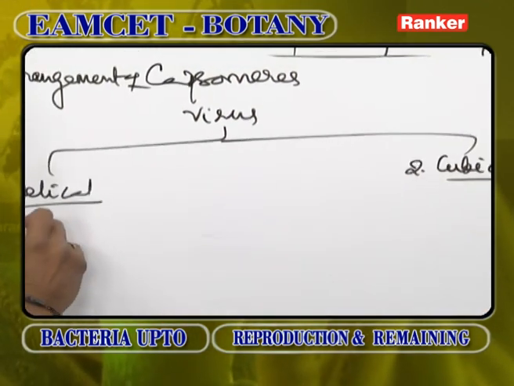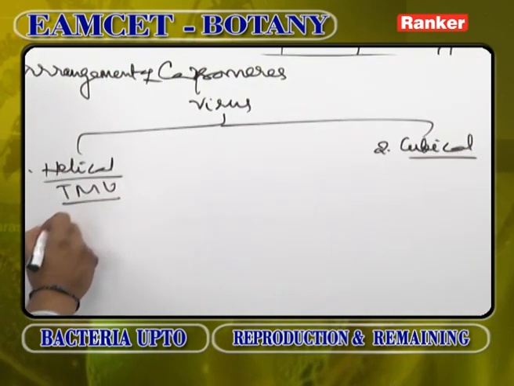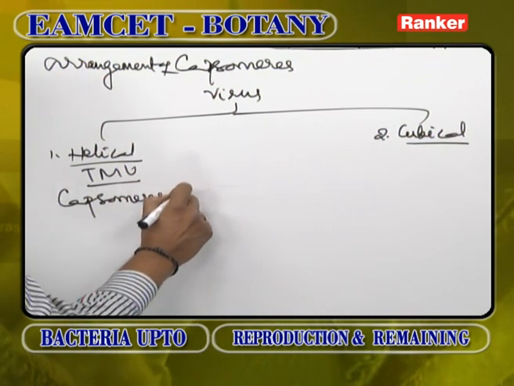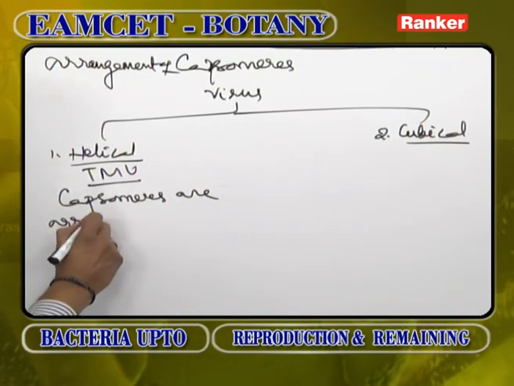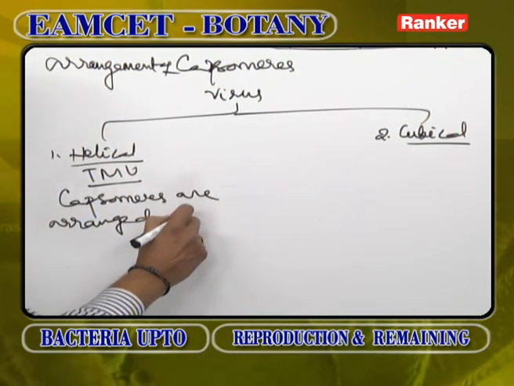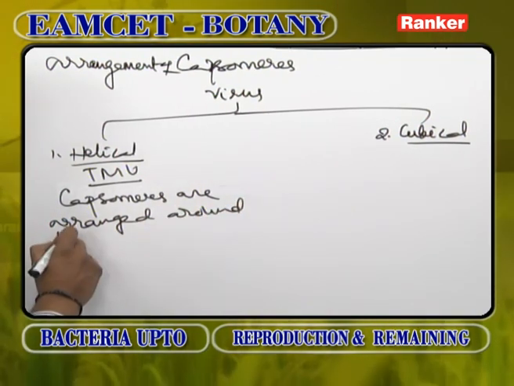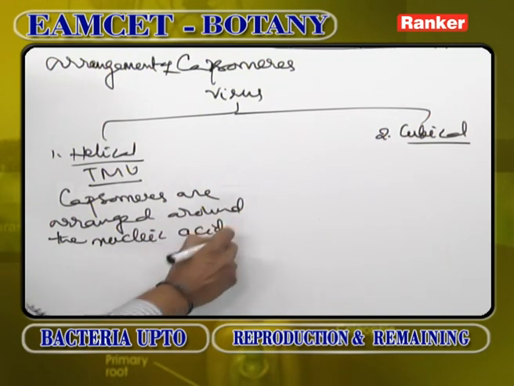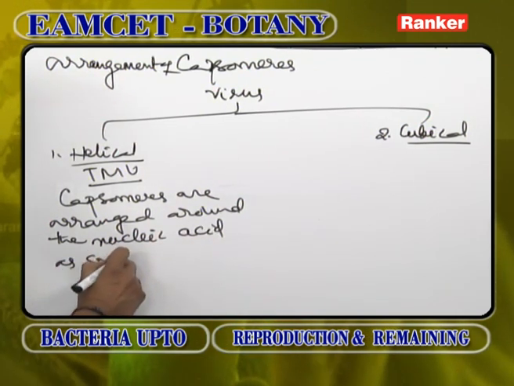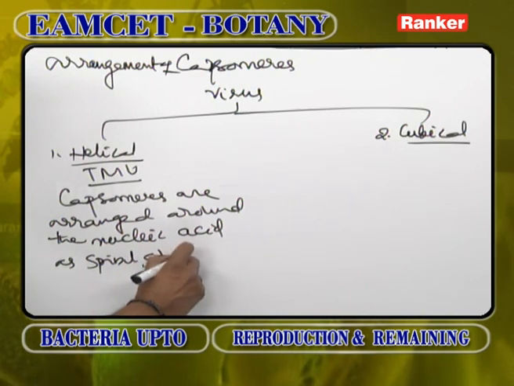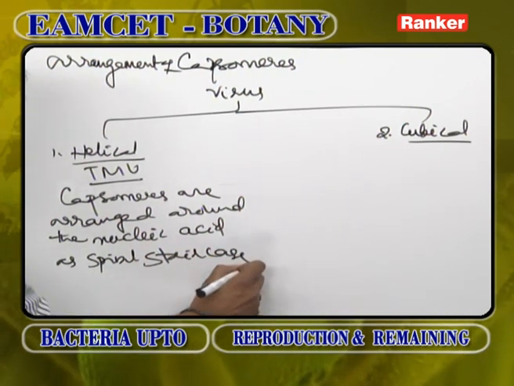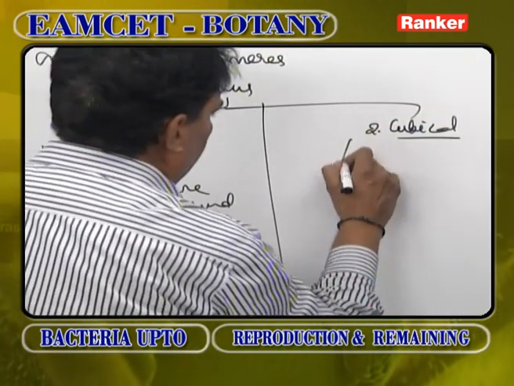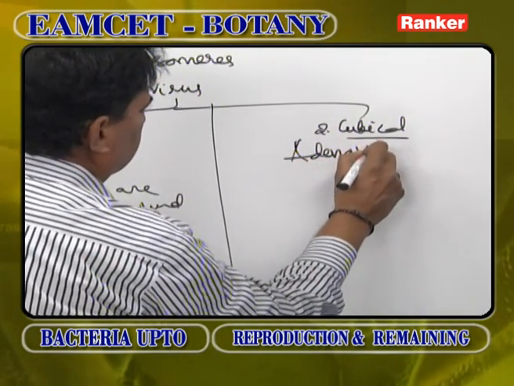Helical symmetry is found in tobacco mosaic virus. Here capsomeres are arranged around the nucleic acid RNA like a spiral staircase, in a spiral manner. Cubical viruses are adenoviruses.